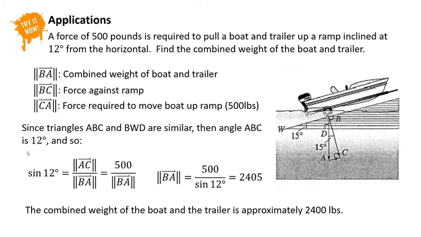The angle of inclination is now 12 degrees, and the force necessary to pull it up is now 500 pounds. The equations are the same, and the weight here is 2,400 pounds. So the previous problem should have said 2,300, so now 2,400 pounds is correct.